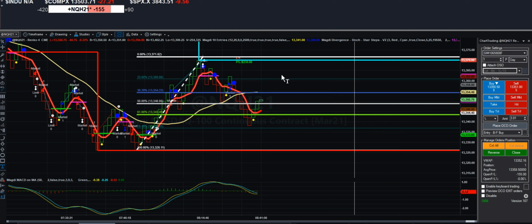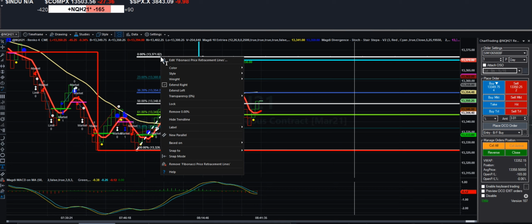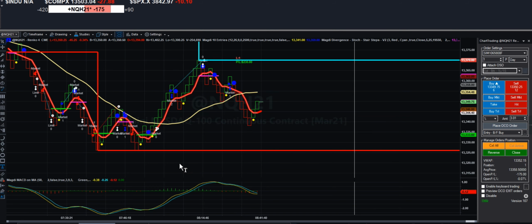There is a possibility here, a big possibility, that it is going to go up. If it does go up, I'm going to show you something here. We don't want to move a trend line, we need to remove Fibonacci.